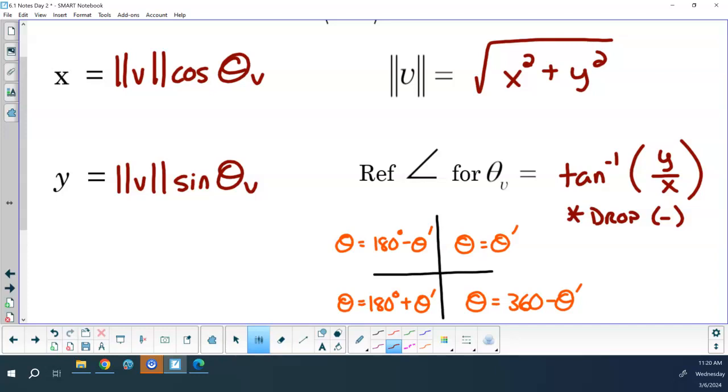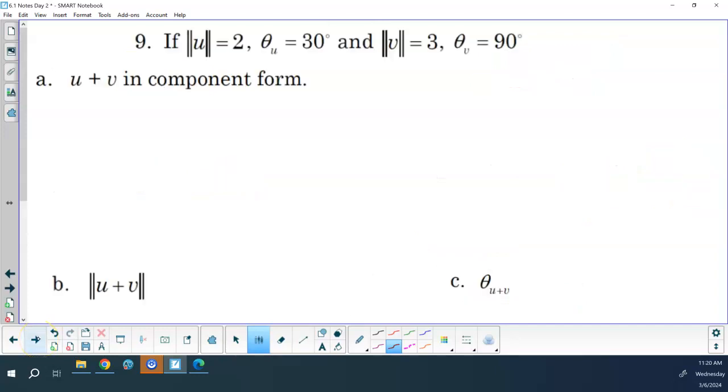Let's try number 9. Number 9 says, if the magnitude of u is 2, and u has a direction angle of 30 degrees, and the magnitude of v is 3, and has a direction angle of 90 degrees, we need to find u plus v in component form.